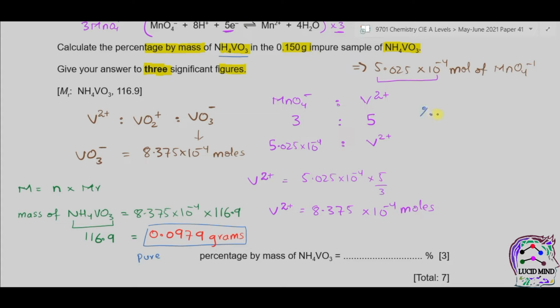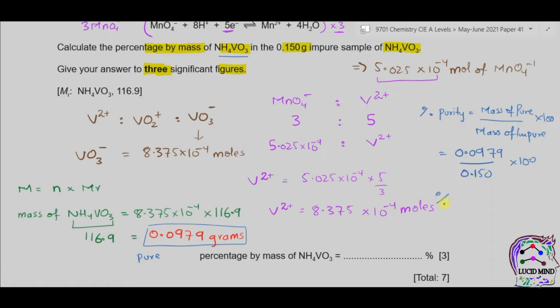Percentage purity, or percentage by mass, is equal to the mass of pure sample divided by the mass of impure sample times 100. The mass of pure sample is 0.0979, and the impure sample is given as 0.150, times 100.